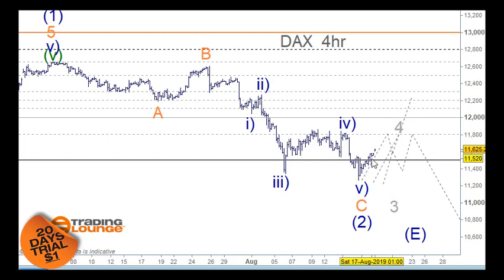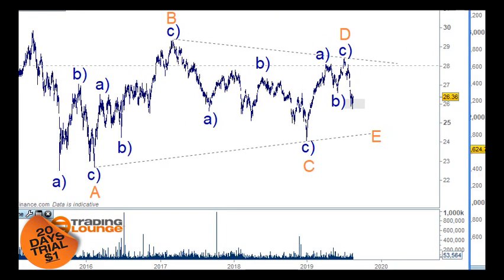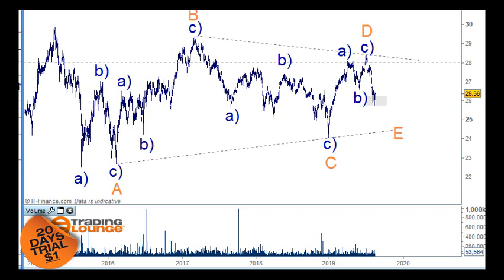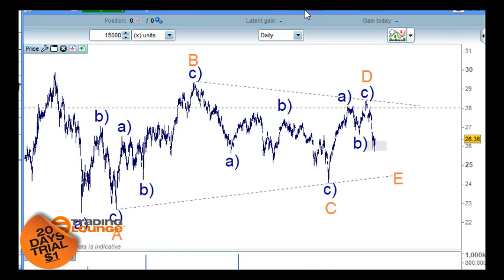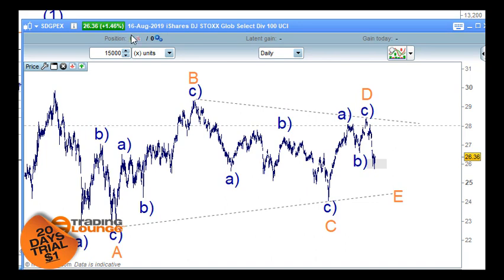So we're going to monitor that. And we are long here at the moment, here in the FTSE and so on. So we'll get to that. But this wave E here I find quite interesting as well, because if I look at this chart here, it's the iShares DJ Global Select Dividend, 100 companies.